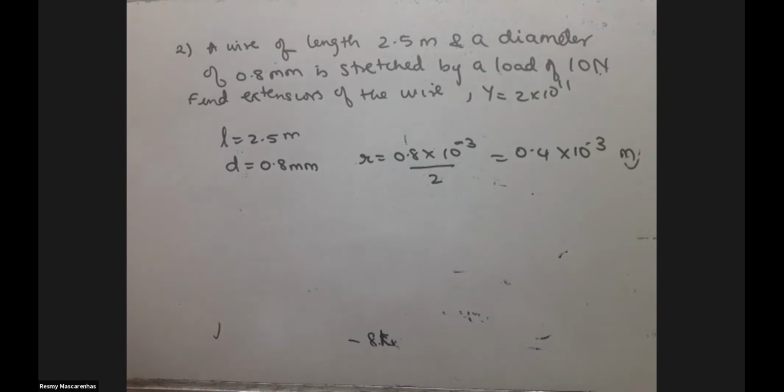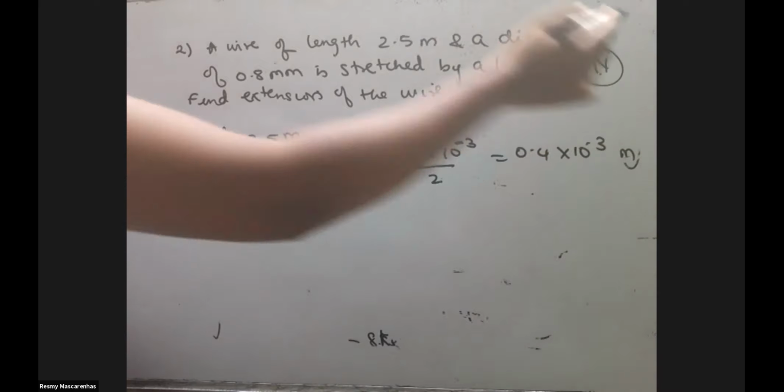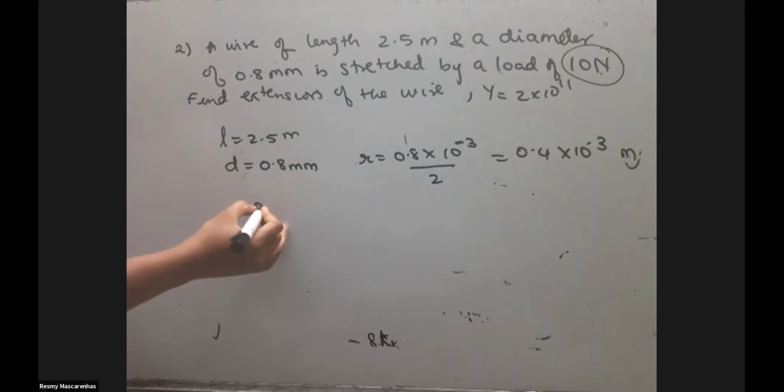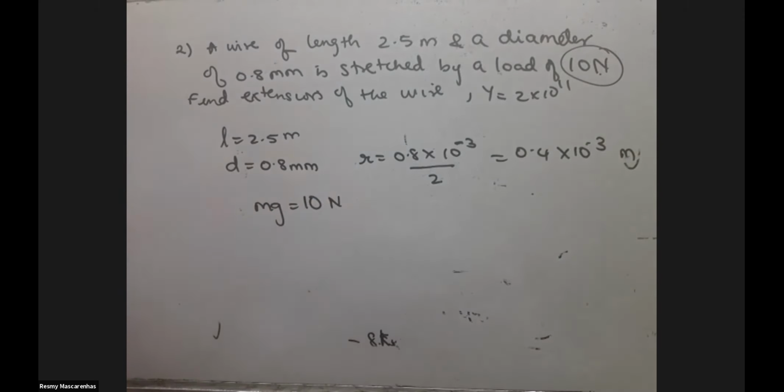Now it is Newton. Newton means along with the gravity. We are multiplying already with the force. So mg value will be now 10. If it was kg, then we have to multiply it by 9.8. Now just keep it as 10.